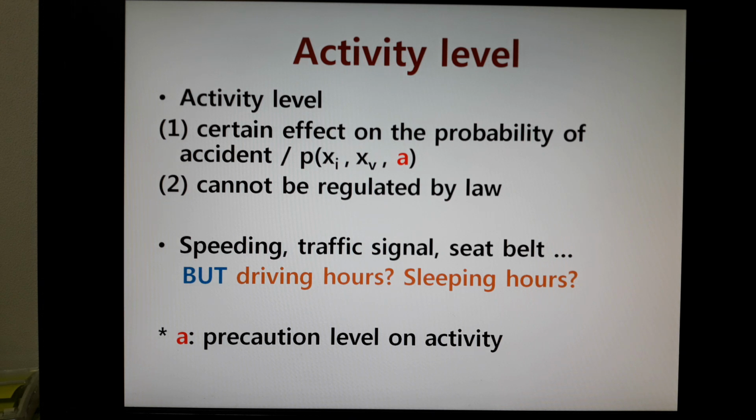On the other hand, in negligence, we tell the injurer, for example, as long as you put your precaution level at a certain point, which would be the socially optimal level, even though there is an accident, you are not going to be responsible.